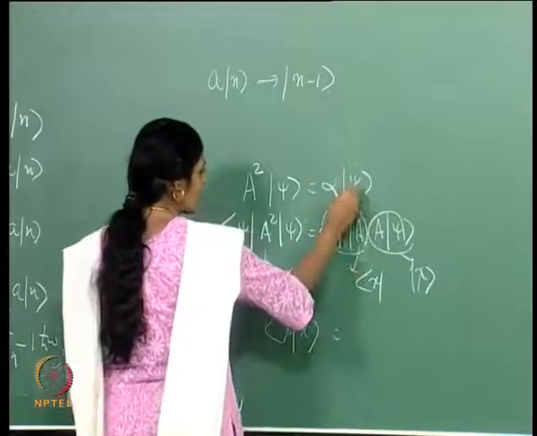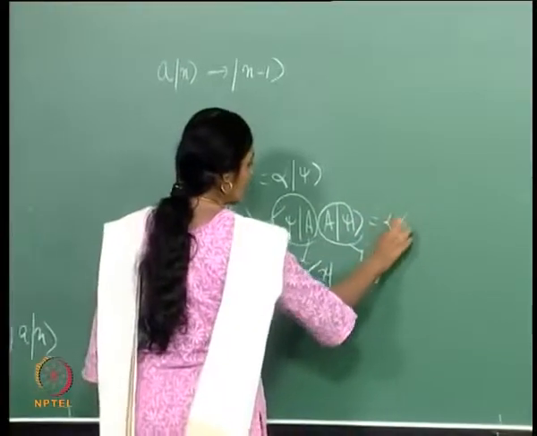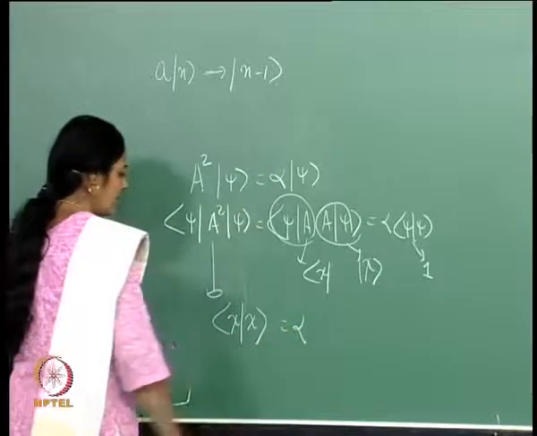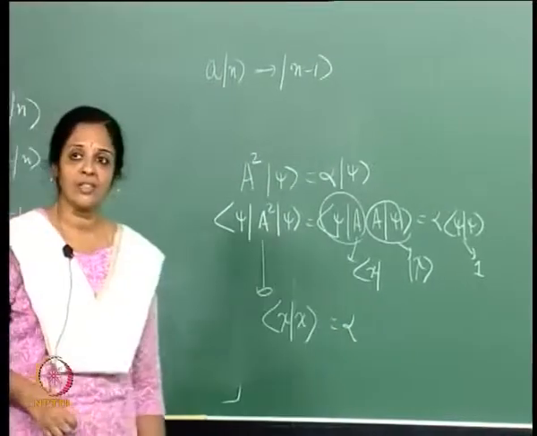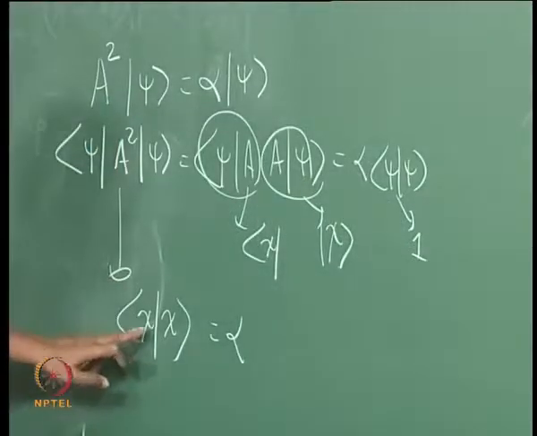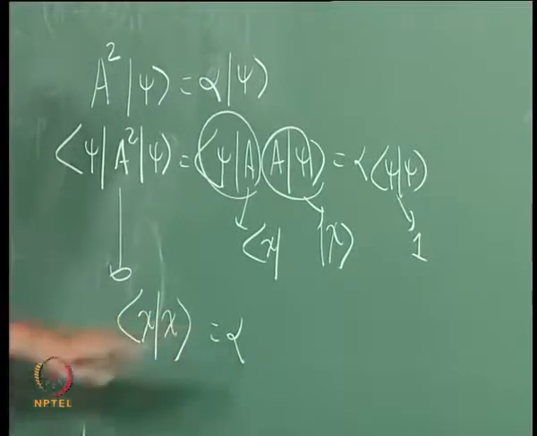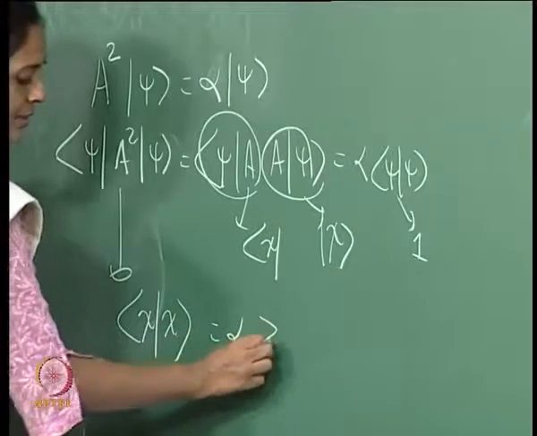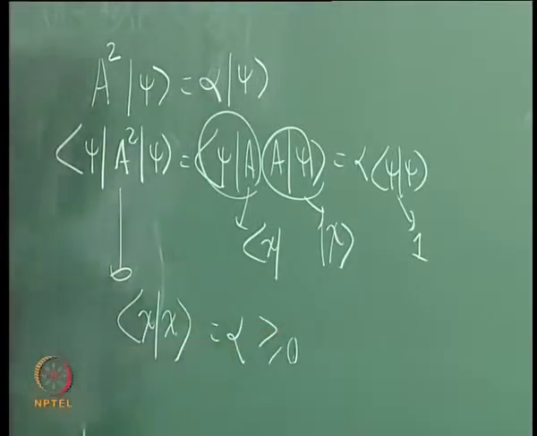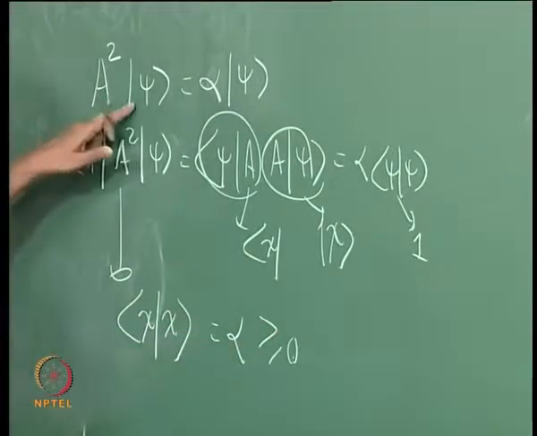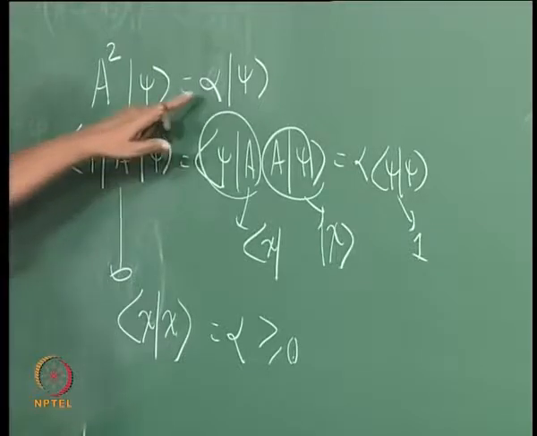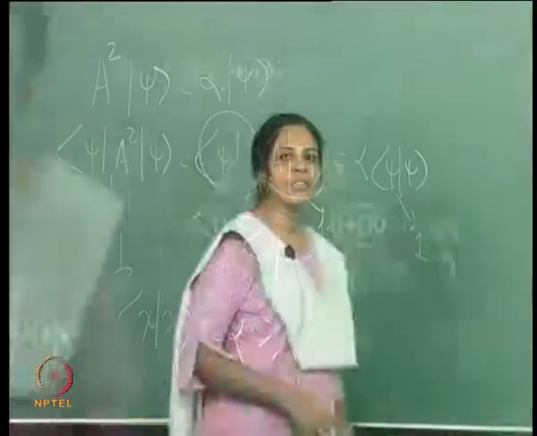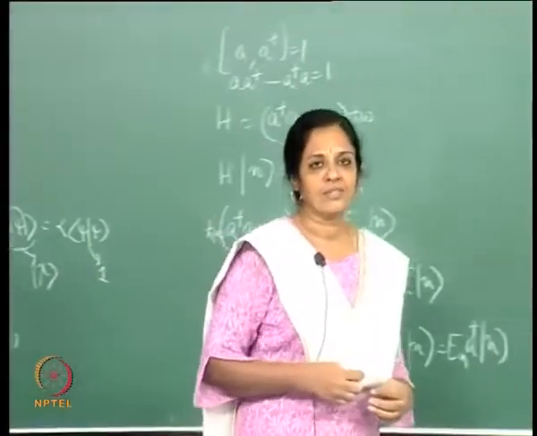On the left hand side I have alpha psi psi, and if this is normalized to 1, I have chi chi is equal to alpha. The inner product of the state chi with itself is equal to alpha. But as we know, inner products are greater than or equal to 0, and therefore the operator of this form can have only an eigenvalue which is non-negative.